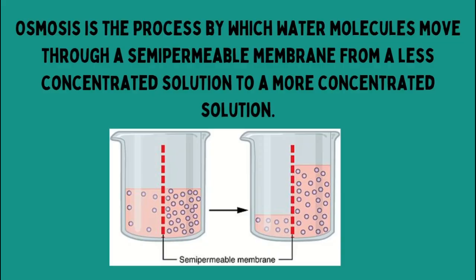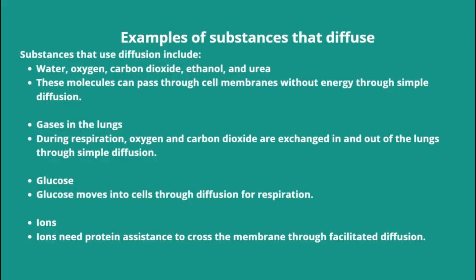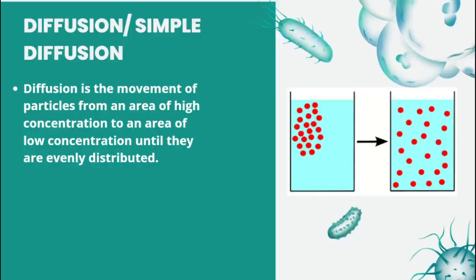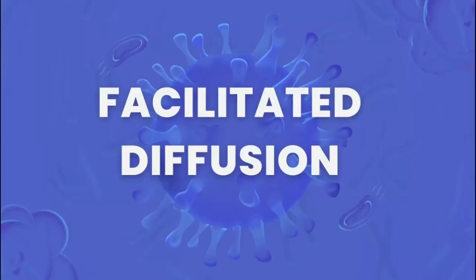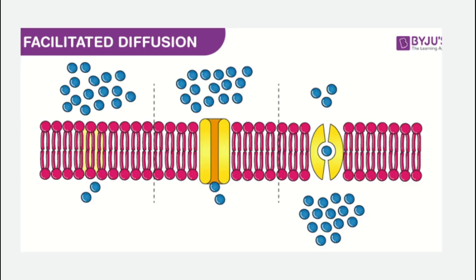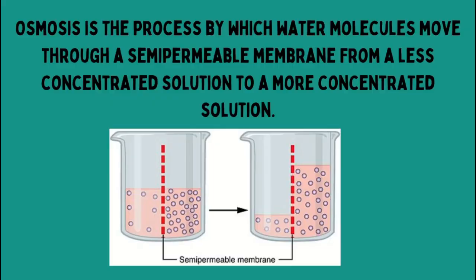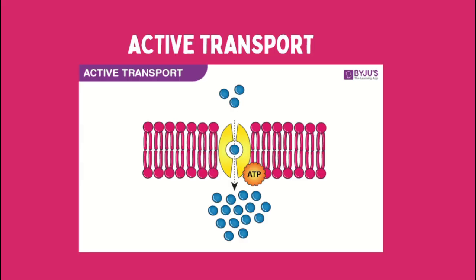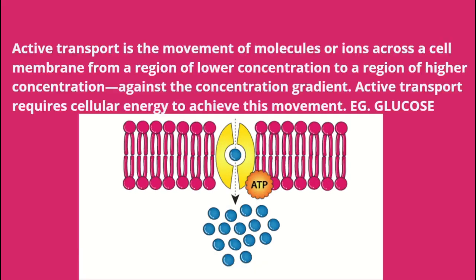So that's basically the summary of simple diffusion, facilitated diffusion, osmosis, and then active transport.